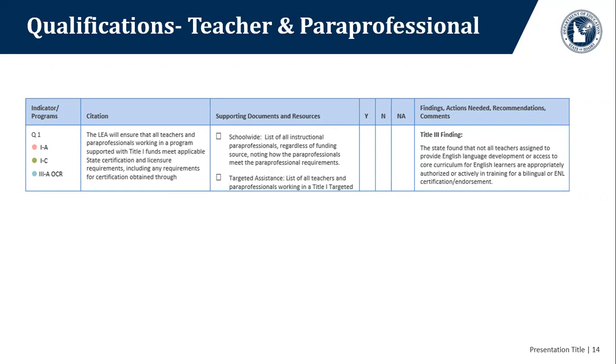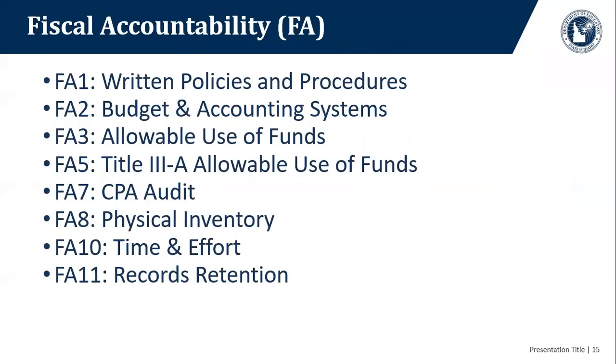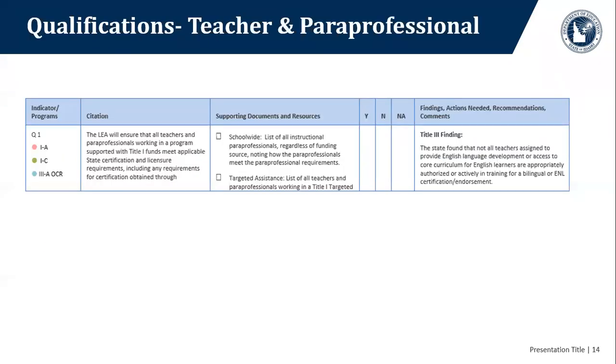So you will want to have a list of all Title III paraprofessionals and note how that paraprofessional is meeting that paraprofessional requirement. And for Title III-A, you'll want to ensure that you are showing the Title III-A paraprofessionals. So Q1 will include Title I, 1C migrant, and Title III-A English learners.